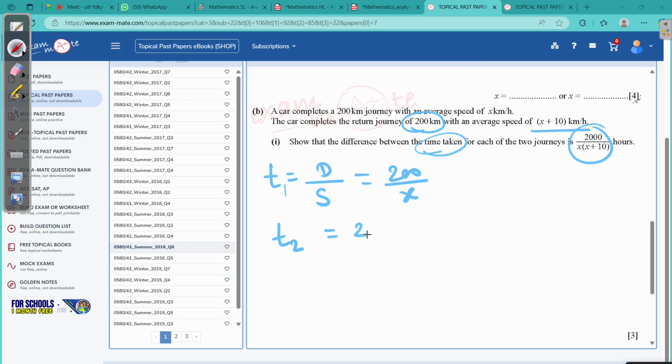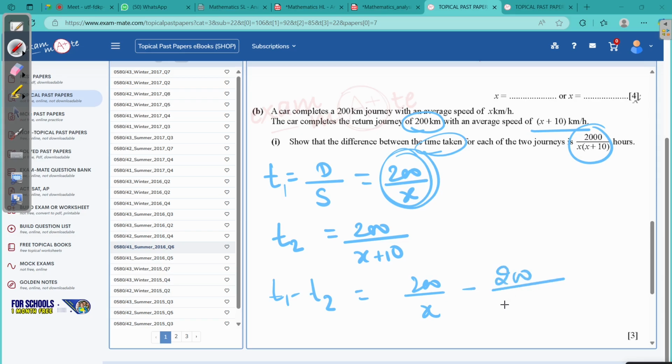Obviously T1 is greater, so for the difference you should do T1 minus T2. So 200 upon x minus 200 upon x plus 10. You have to simplify this and write it in this form.